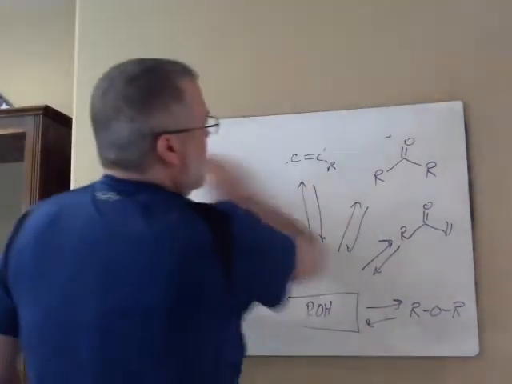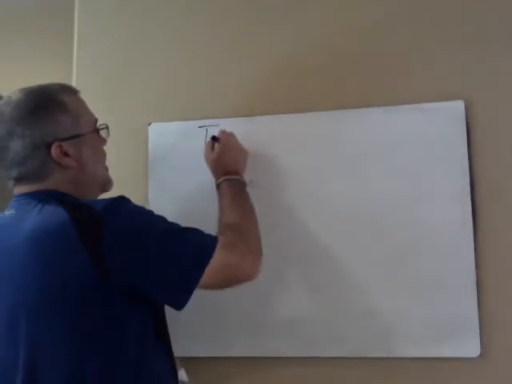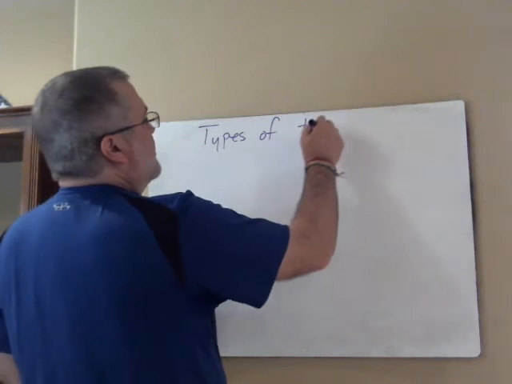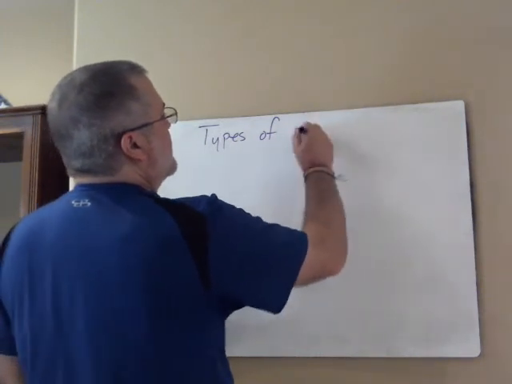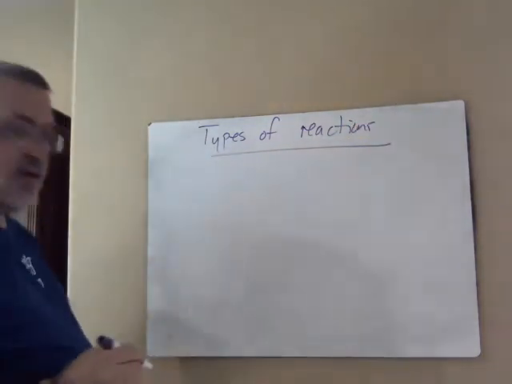And so again, I'm erasing this because I know that you could have paused and copied that all down if you couldn't get it down in the time that I just had it up. So talking about reactions of alcohols, there are certain types of reactions that alcohols will undergo.